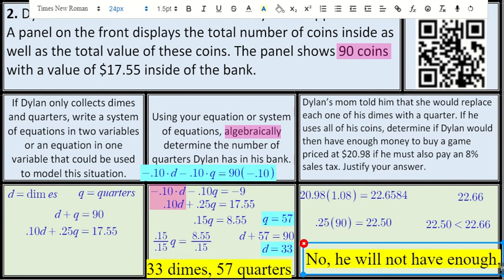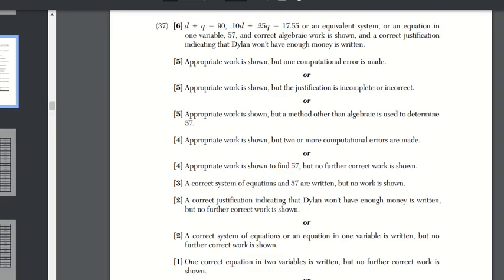So let's go over and take a look at the rubric. So here's the scoring guide that tells graders how to grade this question. So notice at the top is the 6 points.